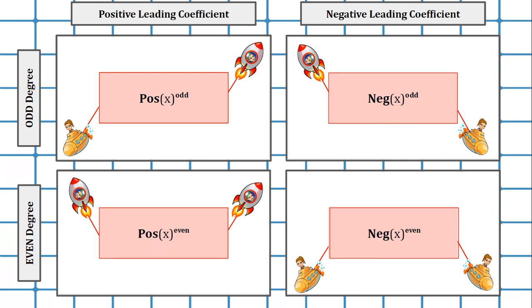And really, I focus on if it's odd, opposite directions; even, same direction. If it's positive, you have something like a positive slope or both are going up. If it's negative, it looks sort of like a negative slope and they're both going down. These are just helpful ways to remember the leading coefficient test.